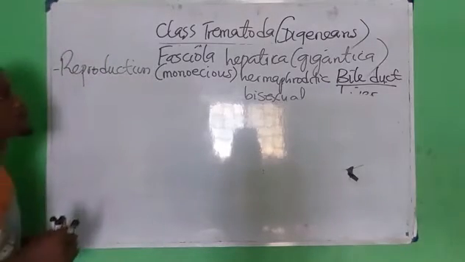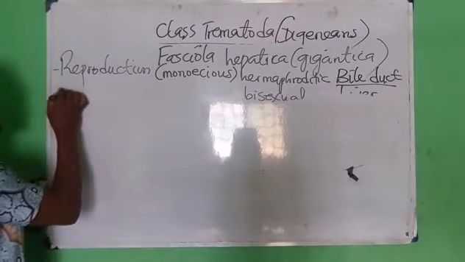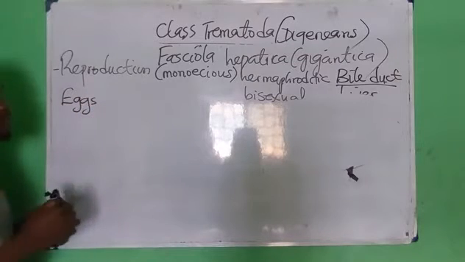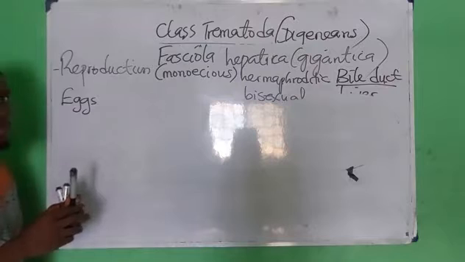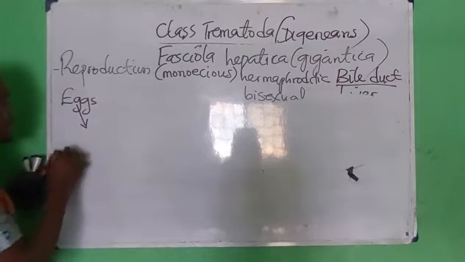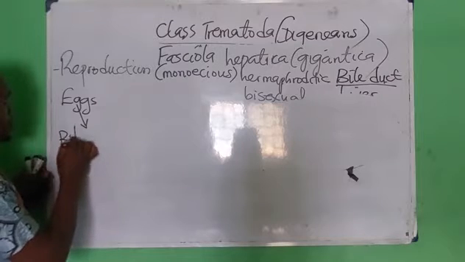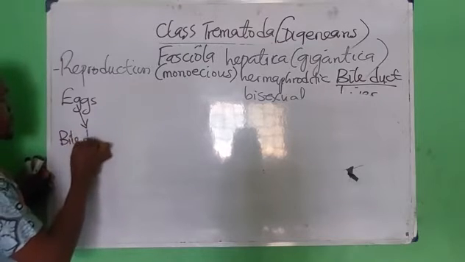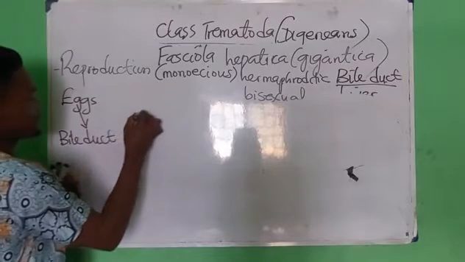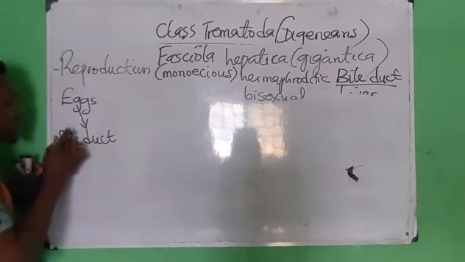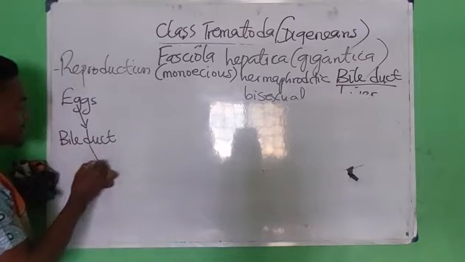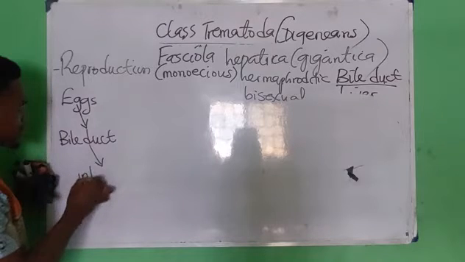Now, the eggs of these organisms are laid into the bile ducts of their host. As soon as they are laid into the bile ducts of their host, from there they enter into the intestine.